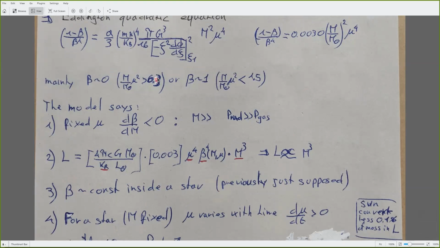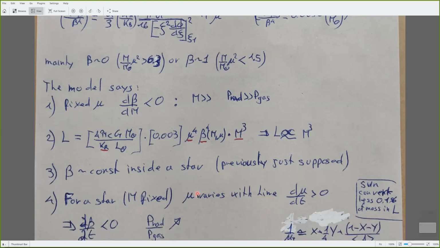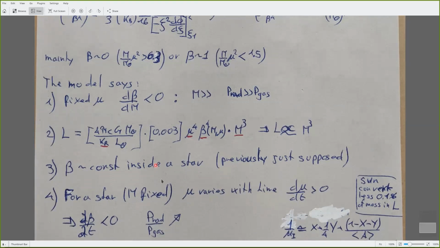Here we show that it's actually true. Inside the stars, beta doesn't change a lot. Not exactly, actually. There are some changes inside, but not so strong. At least for a simple model, we can suppose that it is quite constant.